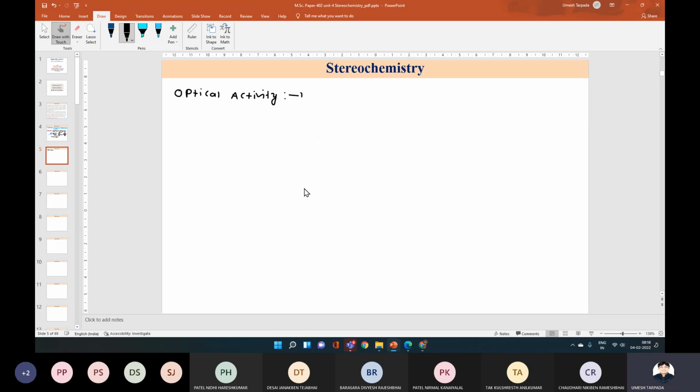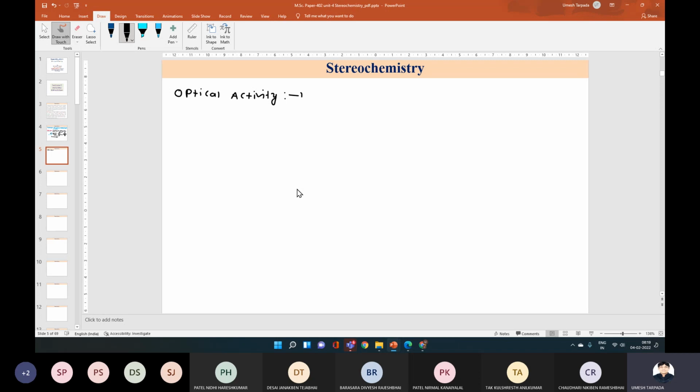In a molecule, if symmetry elements are absent, then such a compound is optically active. In order to get optical activity, you require a compound with absence of symmetry. Any kind of plane is absent. There is no plane present in the molecule. So you can say it is optically active.